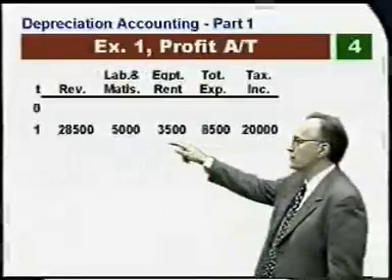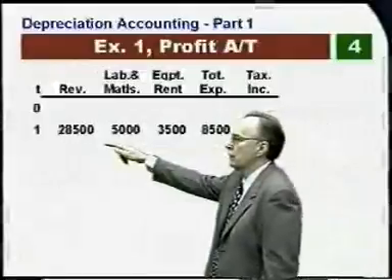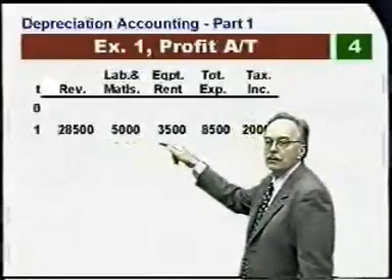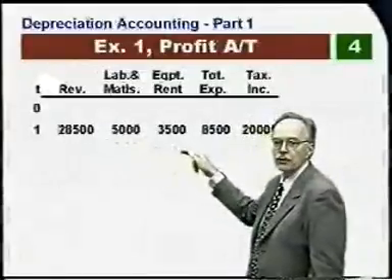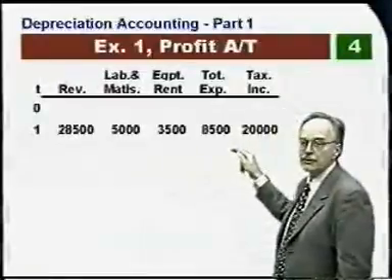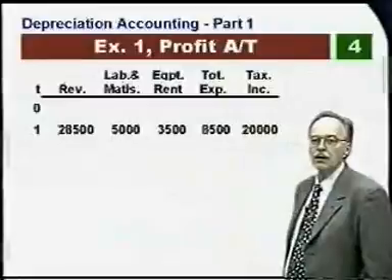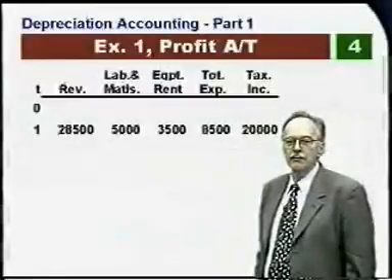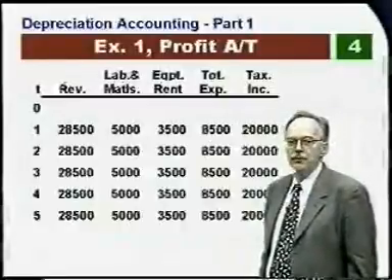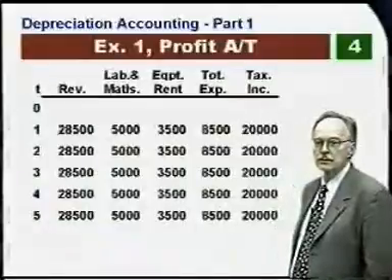On this table, we show the first year of operation. We have revenues, $28,500, labor and materials expenses, $5,000, the equipment rent. That leaves us with a taxable income of $20,000. Since the second, third, fourth, and fifth years are the same, we can simply repeat those lines in the table.